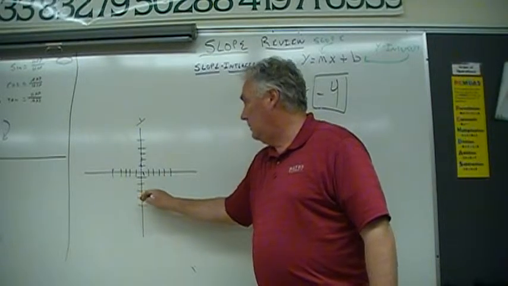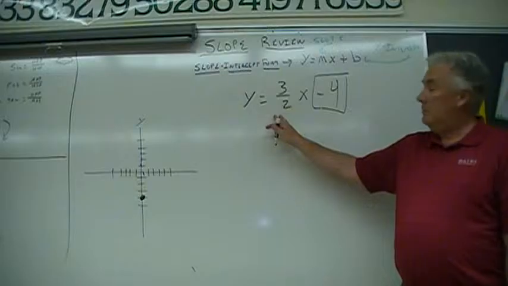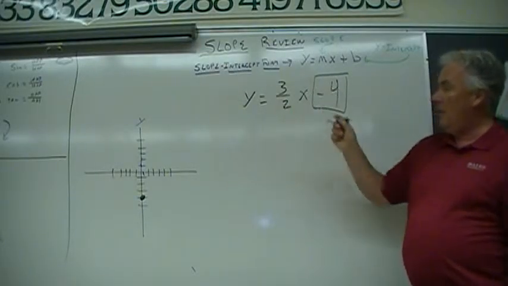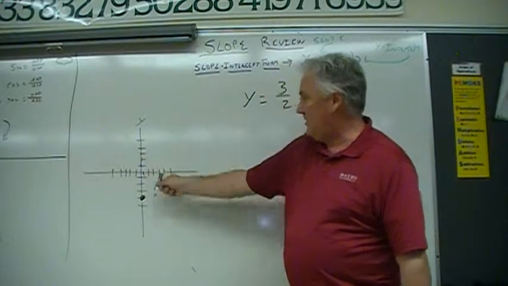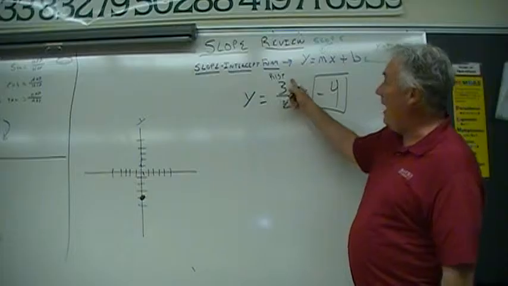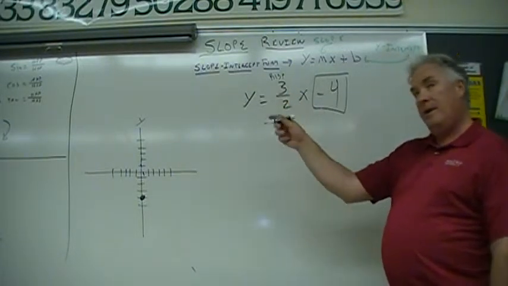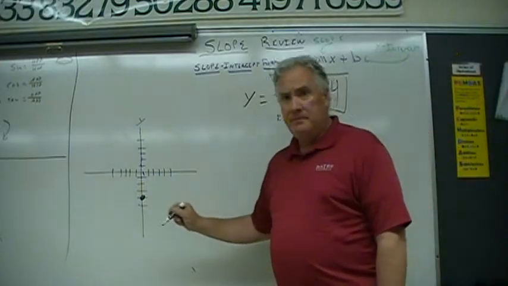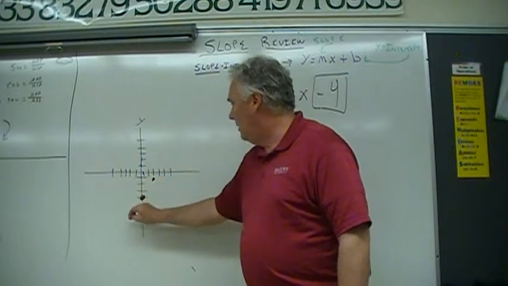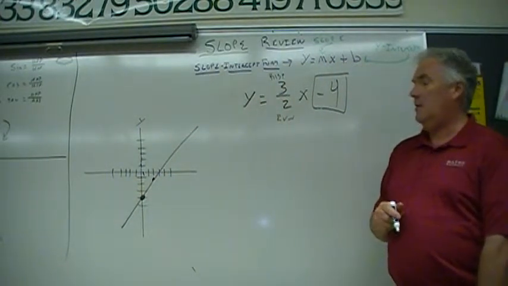Right there. Is the slope positive or negative? Positive. It's positive, so it's going to go uphill. So we know we're going uphill, so it's going to kind of go this way somewhere. This is our rise. We go up 3, and then we run across 2. So 1, 2, 3, 1, 2, and then we have our graph.